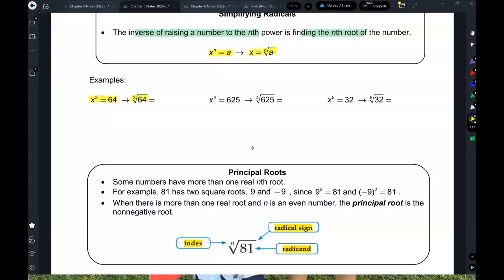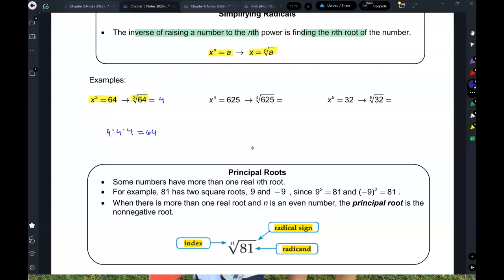Do you see how these two highlighted parts are different ways of writing the same exact thing? In both of these cases, what number do you multiply by itself 3 times? 4, right? Because 4 times 4 times 4 is 64.